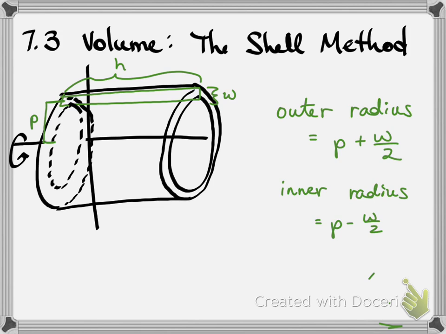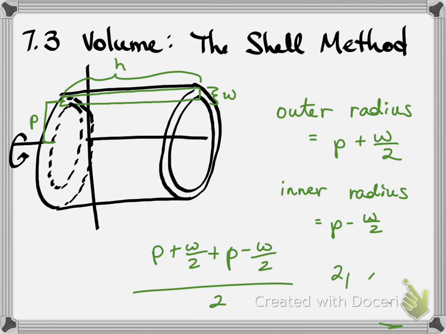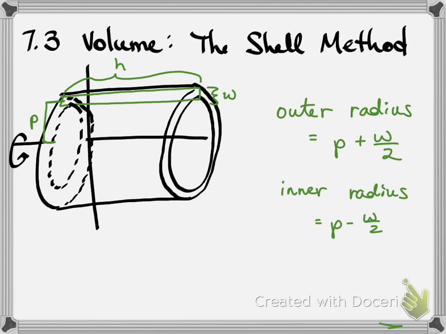So if we add these two radii together and divide by 2, because there's 2 of them, you'd get 2P, and the W over 2's would cancel, and 2P over 2 would be P. So that's why they say P is the average radius of the shell.